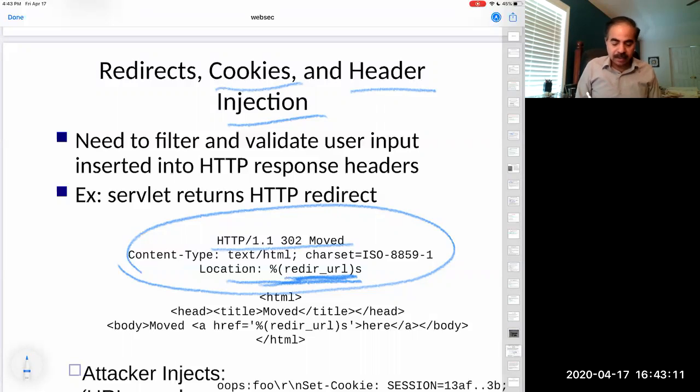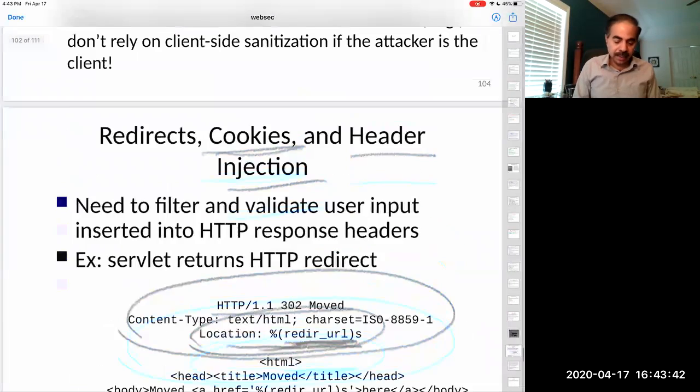And then again, it's very similar to how scripts are injected in the case of cross-site scripting. And in the same way, cookies are things that can be included as part of the header, and therefore, once again, they are subject to injection. So all of these injection attacks can be done by a malicious client.